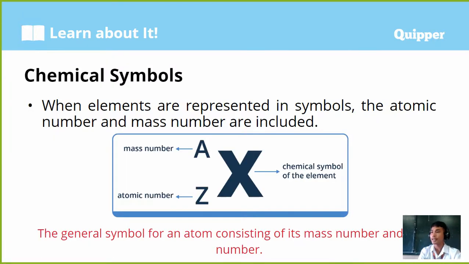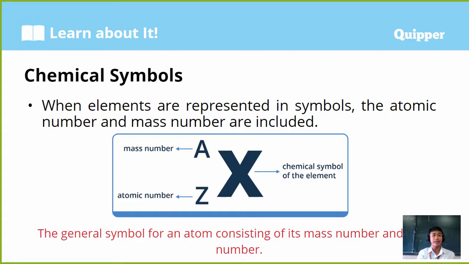Okay, so here, let's talk about chemical symbols. In a periodic table, you can see different symbols. So when elements are represented by symbol, for example, carbon for C, and Xe meron xenon. When elements are represented in symbols, the atomic number and mass number are included.